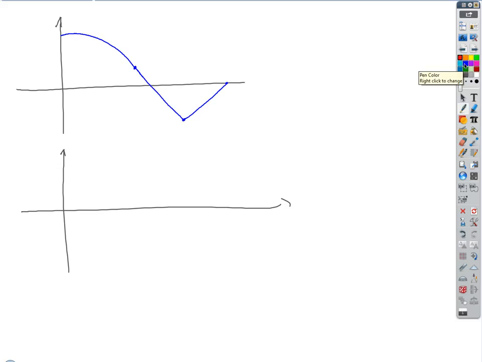What should my derivative function look like? What should its starting value be? It should be 0, shouldn't it? Because look at the original, if I look at a tangent line right there, it's horizontal, right?